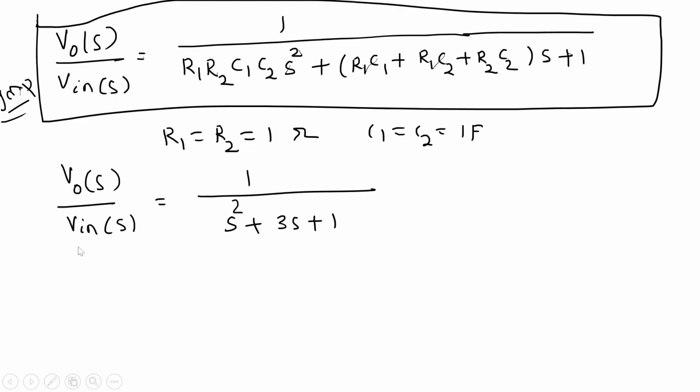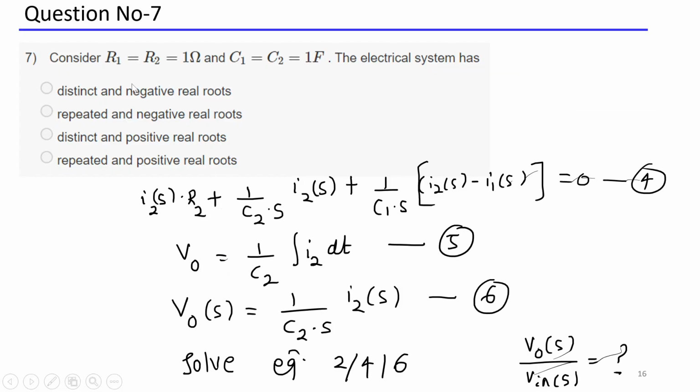Now what is the question he is asking you in the previous slide? He is asking that if all the values are 1, then tell me whether the electrical system has distinct and negative real roots, repeated and negative real roots, distinct and positive real roots, or repeated and positive real roots.